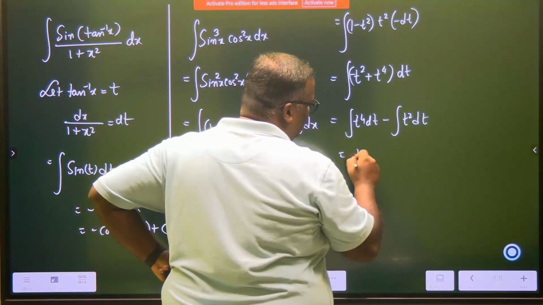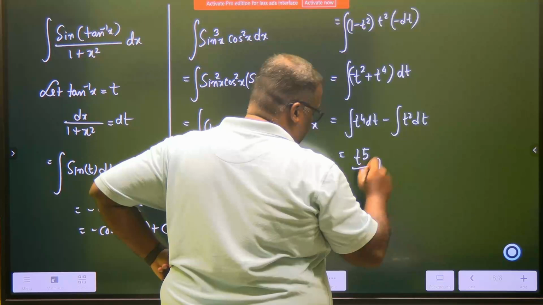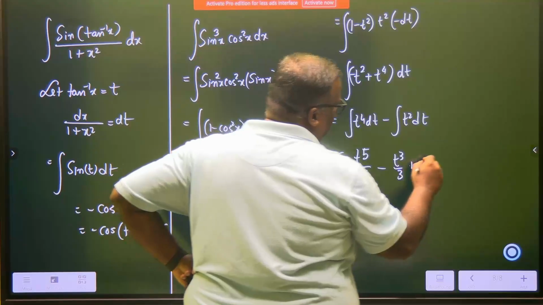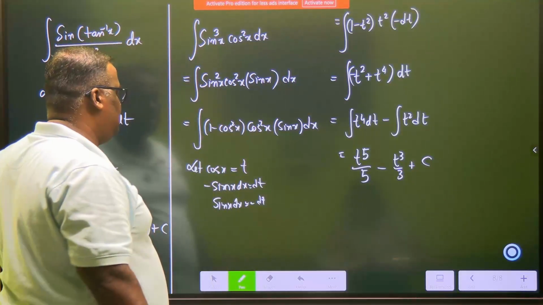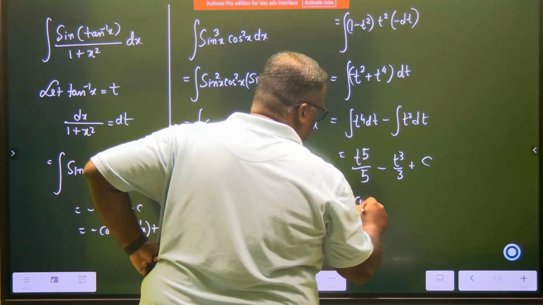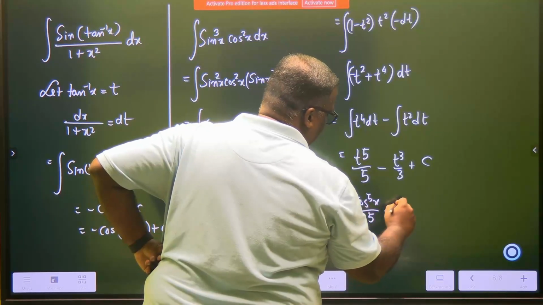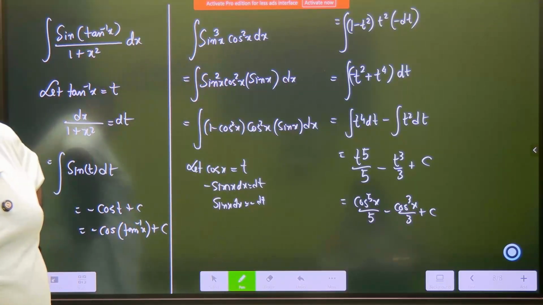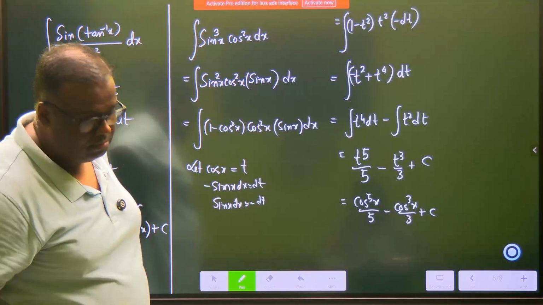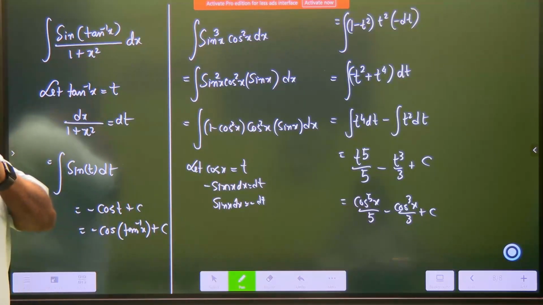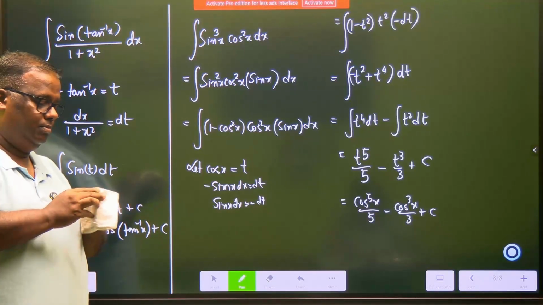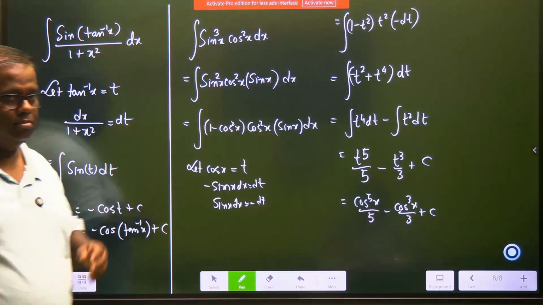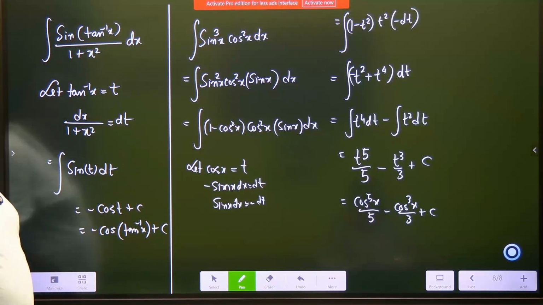So this becomes t5 by 5 minus t cube by 3 plus some constant c. Now we can release our t's. So this becomes cos 5x by 5 minus cos 3x by 3 plus c. Got it? Perfecto.